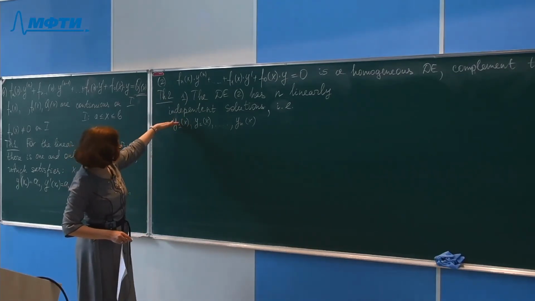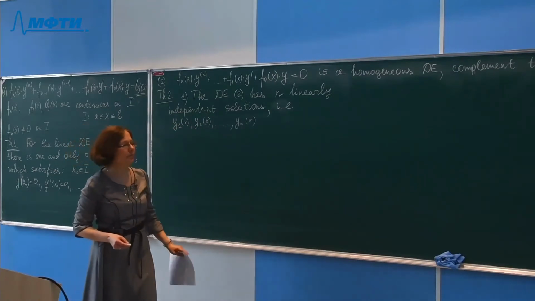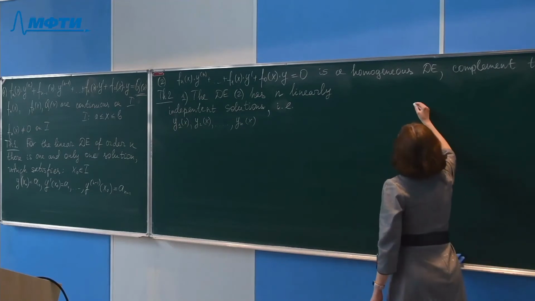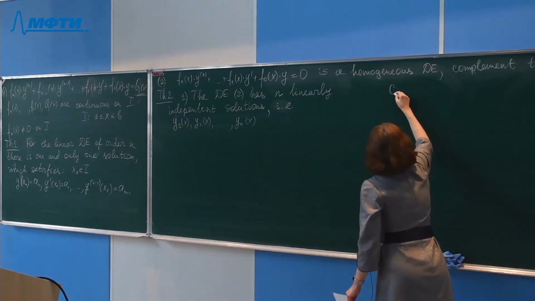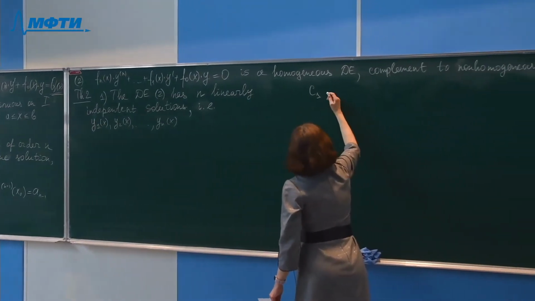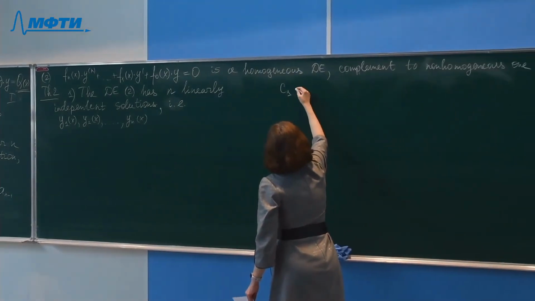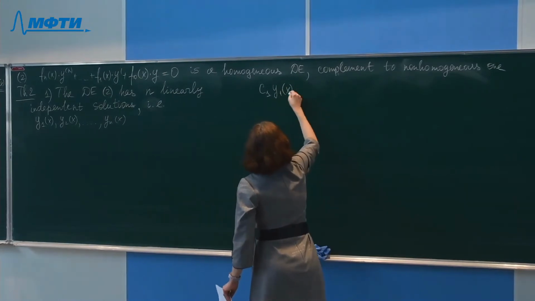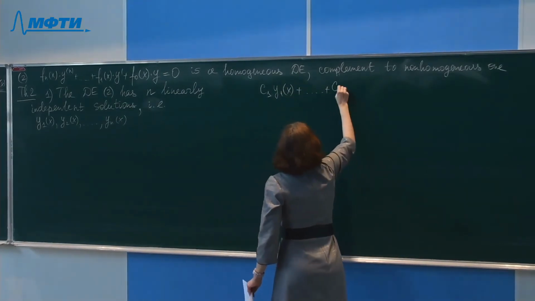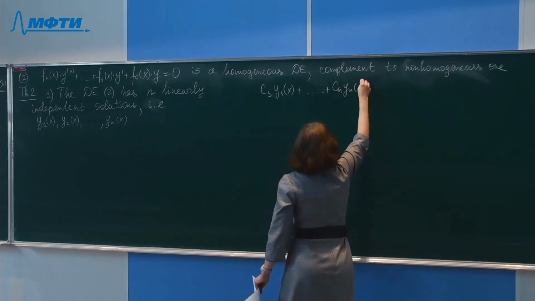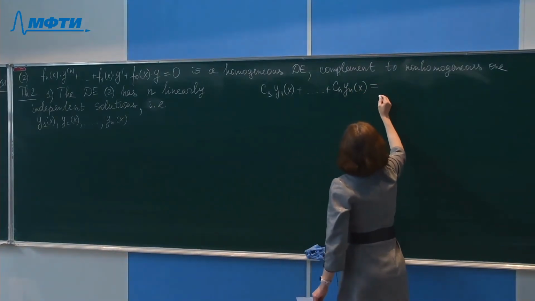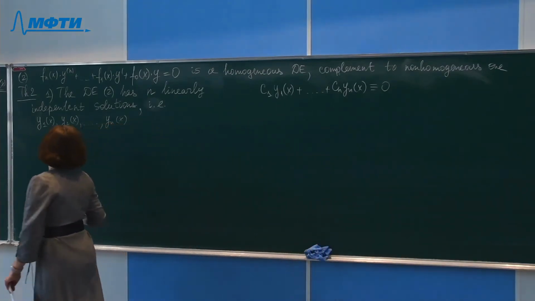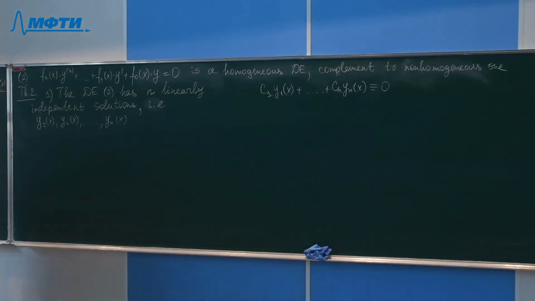So these functions are linearly independent. This means that there are no non-zero constants such that this linear combination vanishes for any x from the interval. So n linearly independent solutions.